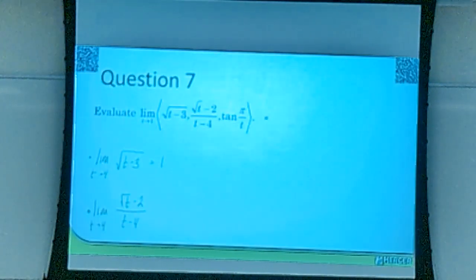What happens if you plug in 4? You get zero over zero, which is indeterminate.